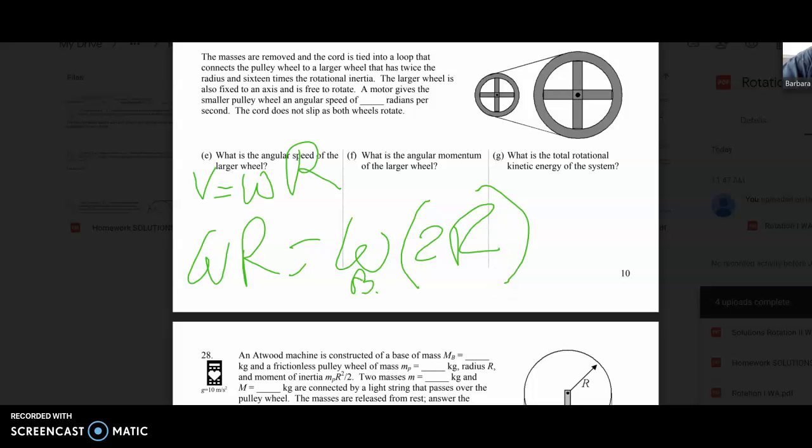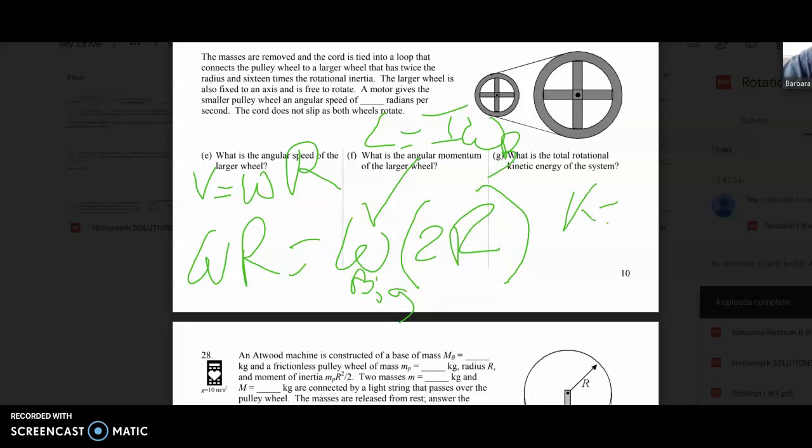So I'll just say omega of the big one. And let's see what they want. Angular speed of the big one. So that's what you'd be solving for, right? What's the angular momentum of the big one? L equals I omega, of the big one. And what's the total rotational kinetic energy of the system? It would be the rotational kinetic energy of each wheel.